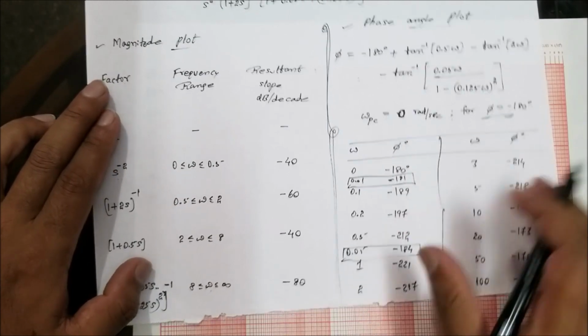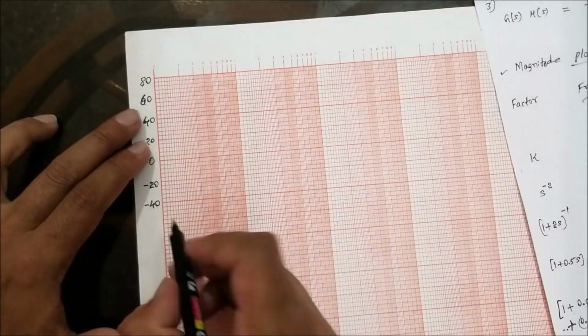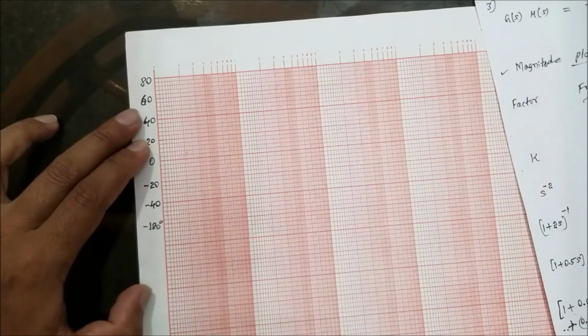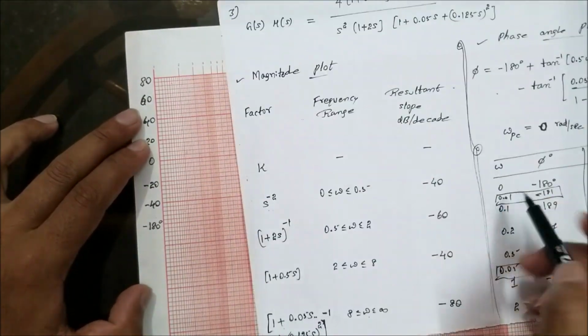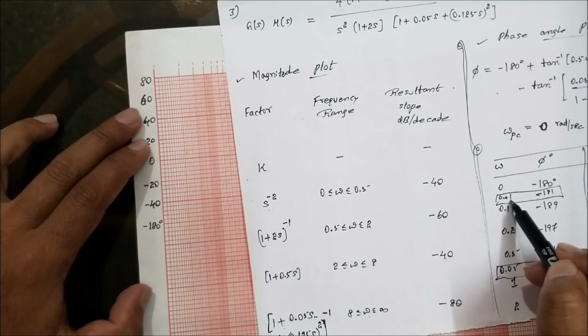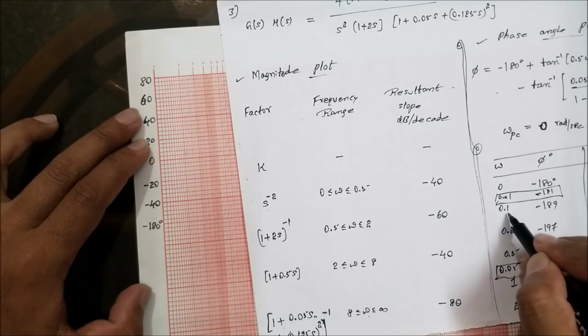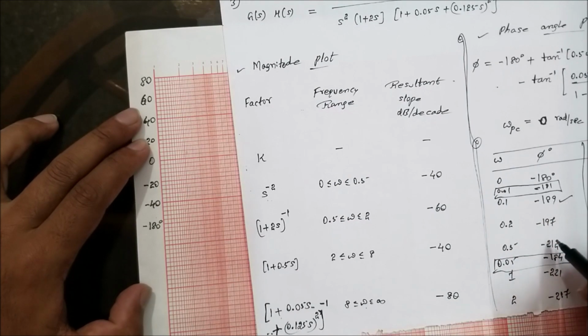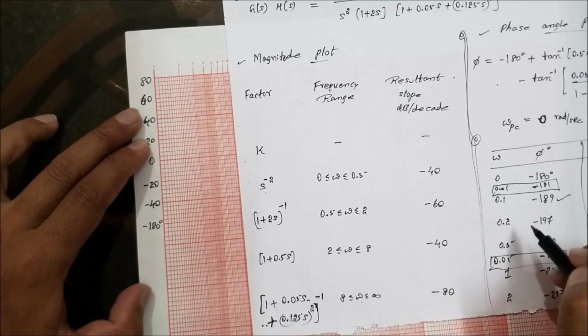Therefore, I will start the phase angle plot from minus 180 degrees itself, because for 0 radians per second I am getting the phase angle as minus 180 degrees. For 0.1 I am getting minus 189 degrees.